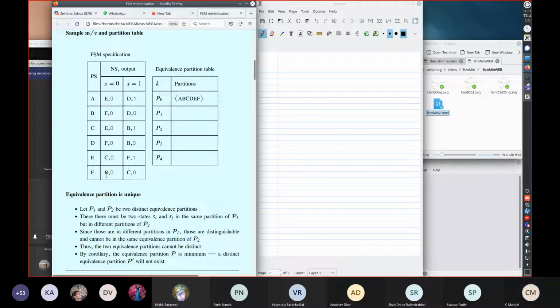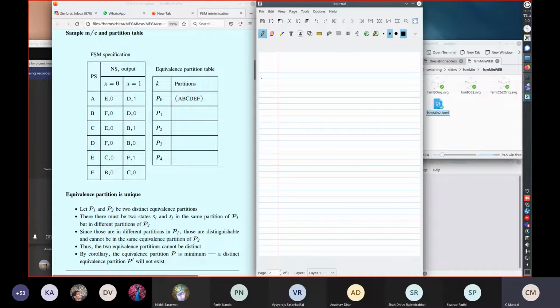Now you have sets A, B, C, D, E, and F. This is what we are calling the initial partition.